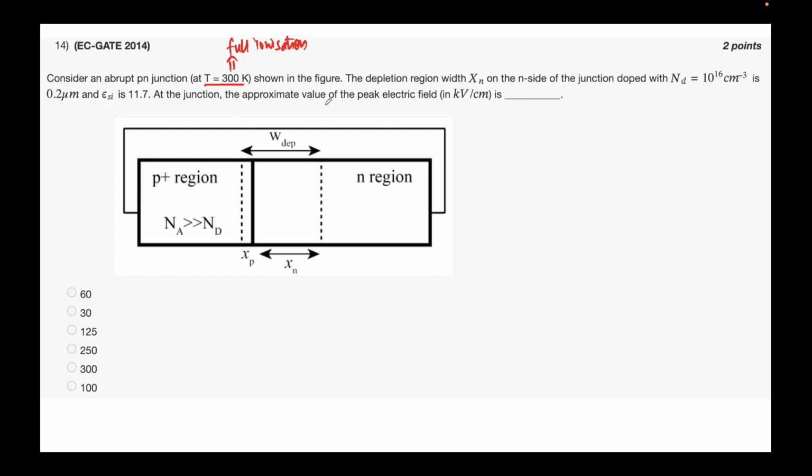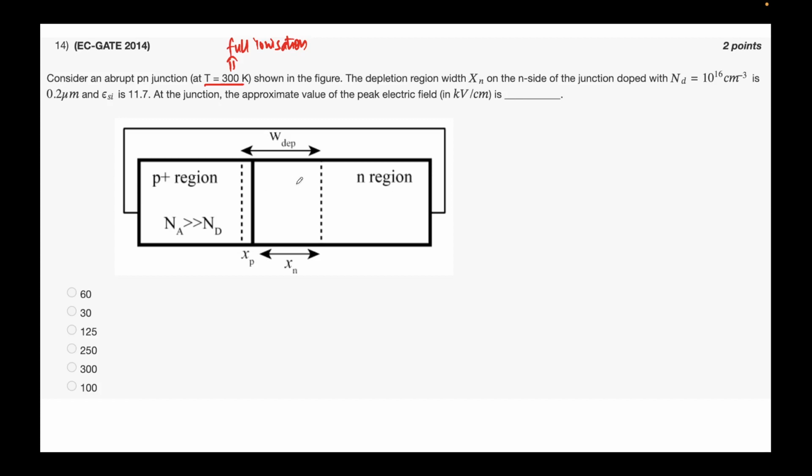At the junction, we need the approximate value of the peak electric field. If you have seen the profiles that we have been drawing, you will notice that the field peaks at the metallurgical junction, right? So we are required to find the same thing here. Just you can see in the diagram, it's a P plus N junction. You see the depletion region is very small on the P side.